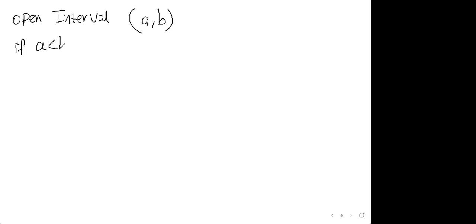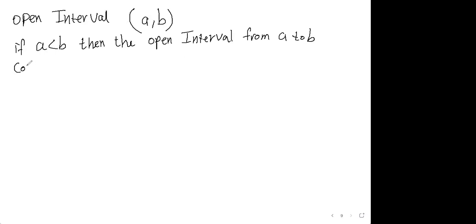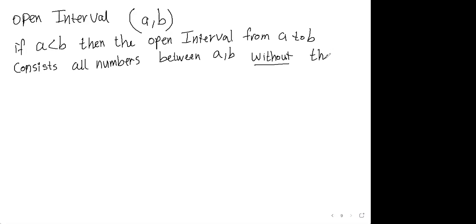So again, if A is less than B, then the open interval from A to B consists of all numbers between A and B without the endpoints. The endpoints are not included.